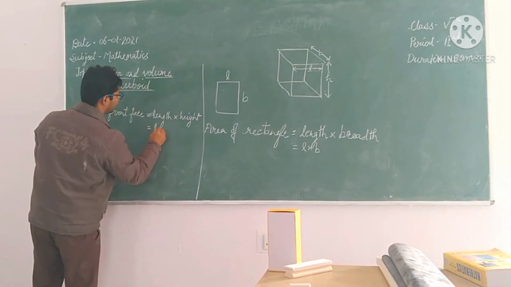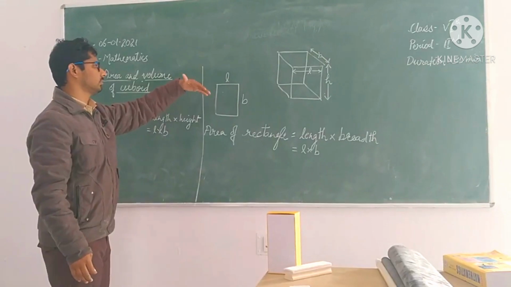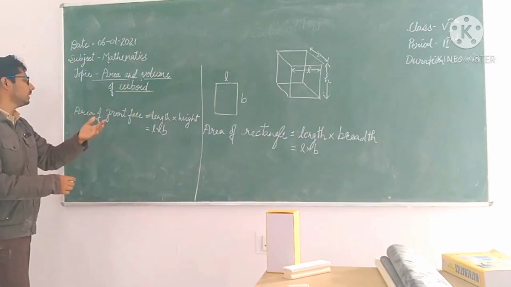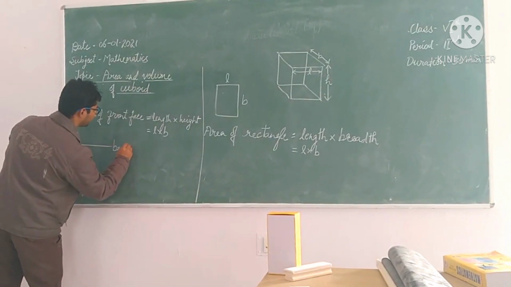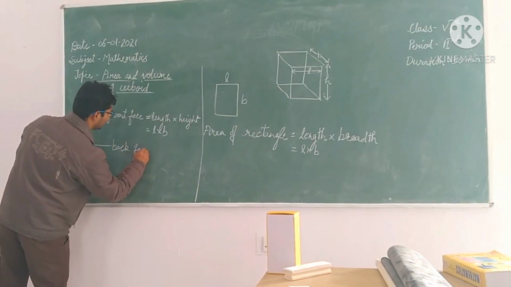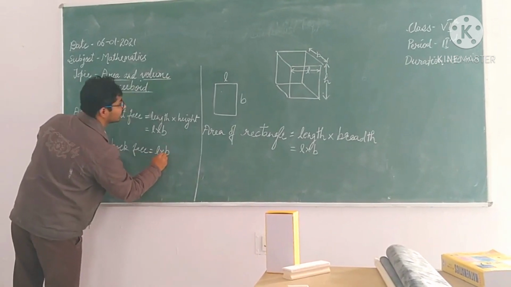Similarly, the back face of that cuboid will be similar, so the area of the back face will also be L into H.